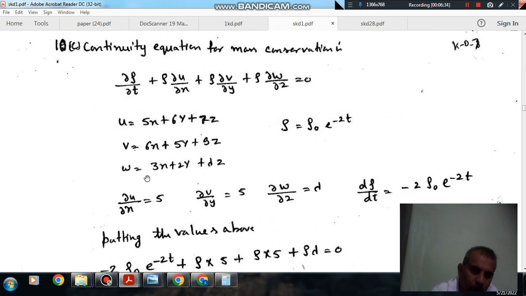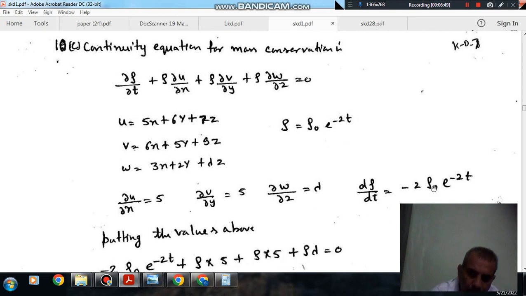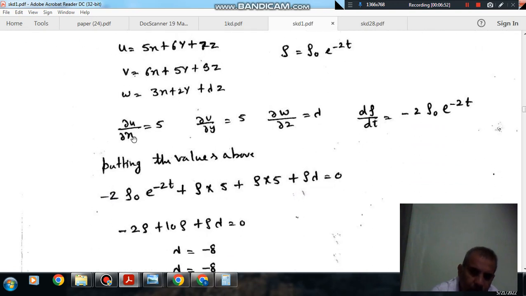So ∂u/∂x is 5, ∂v/∂y is 5, ∂w/∂z is lambda, and ∂ρ/∂t is minus 2 rho naught e to the minus 2t when differentiated.